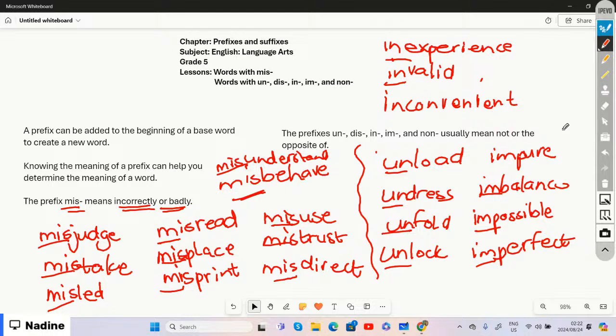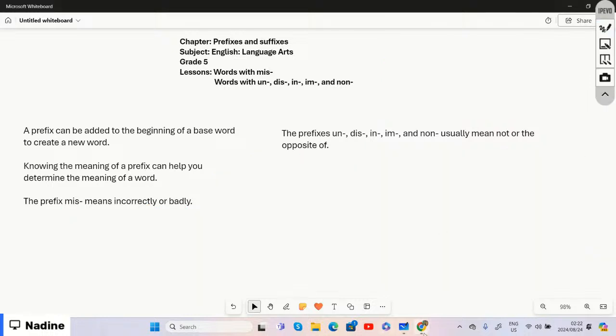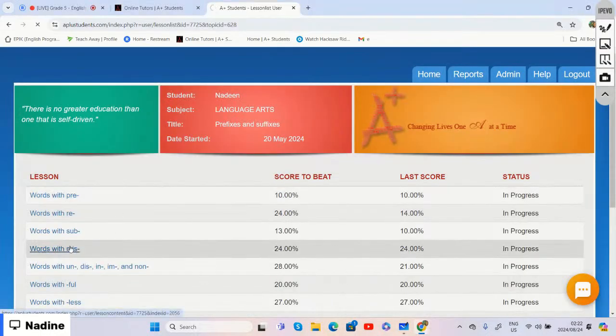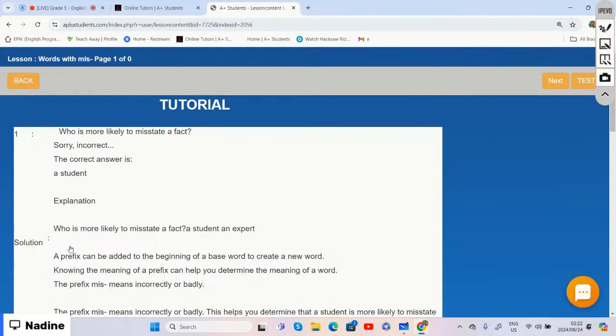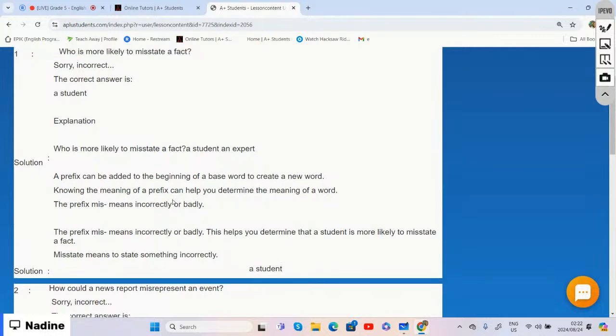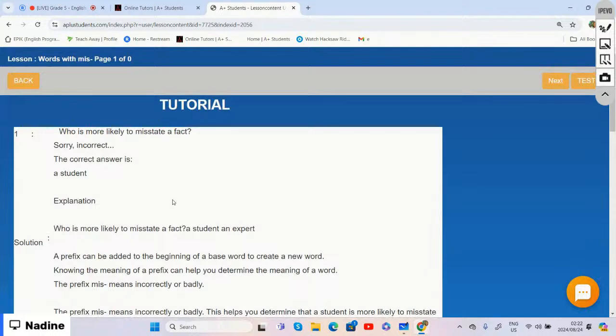All right, so now we're going to a+students.ca, and we're going with words with mis. We said that the prefix mis means either incorrectly or badly. So now it says, who is more likely to misstate a fact?